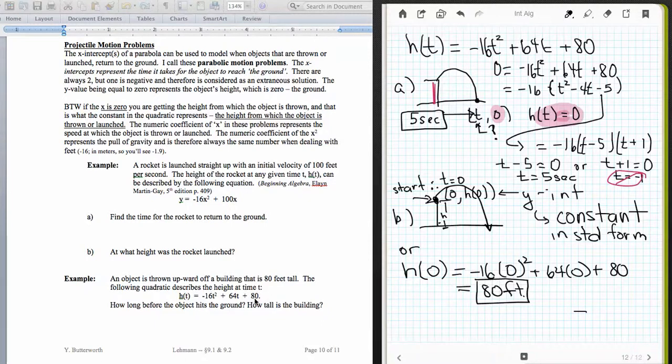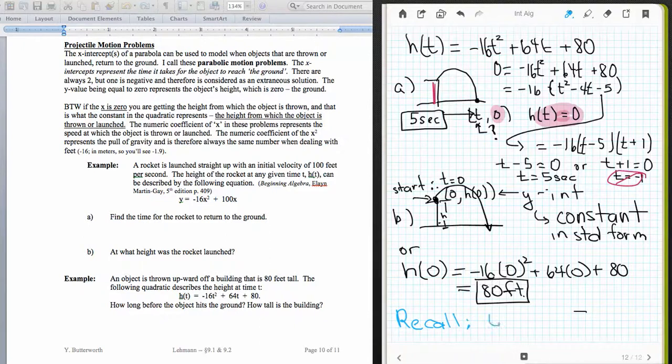That's because I want to make sure that you recognize these two things being related to one another. Now this one, the 64, I also asked you to tell me what that meant. So remember that 64 is the velocity at which the projectile was launched.